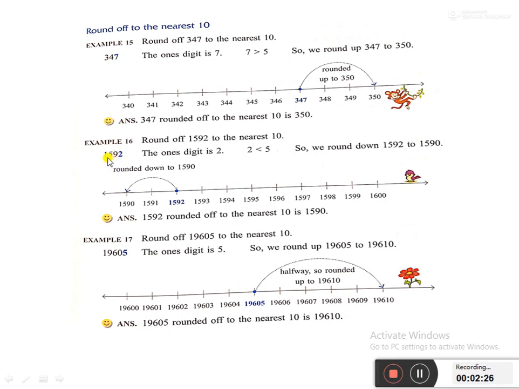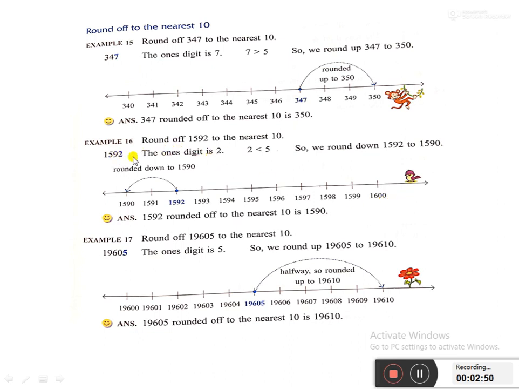Starting point 1590. If the number is more than 5, here in the tens place we have to increase one number. That means 1592 is here, and if there is change, we have to increase one number. So here 600 will come, so 1600.